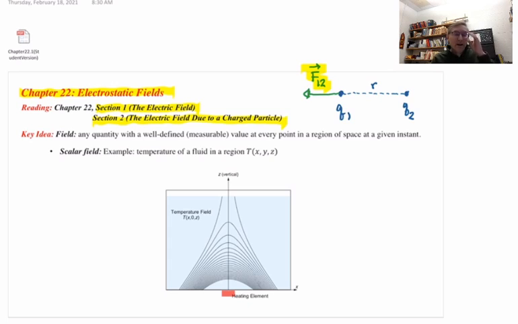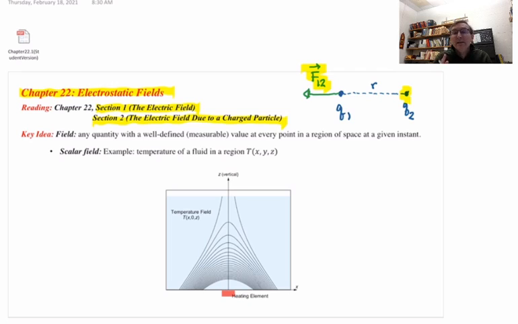And this concept of an electrostatic field really came into its own in the 1800s. And the logic goes like this. Each of these particles, let's start with particle 2, just because of the fact that it has charge and is sitting at a certain location in space, creates in all of space around it what's called an electrostatic field. The electrostatic field is created by charge 2 merely because particle 2 has charge.